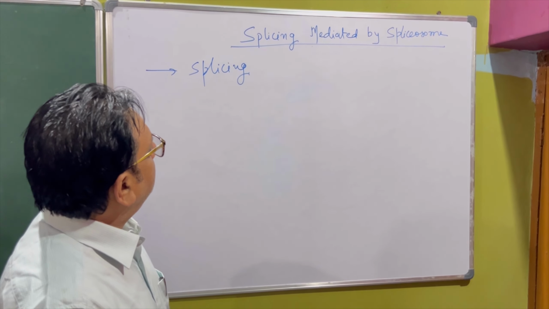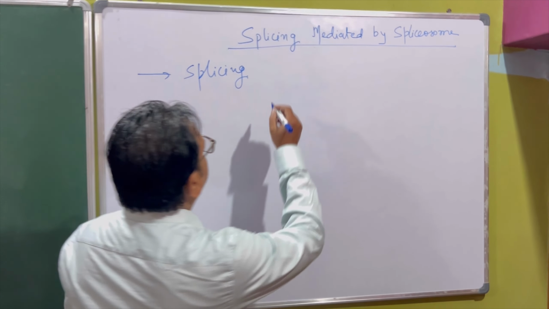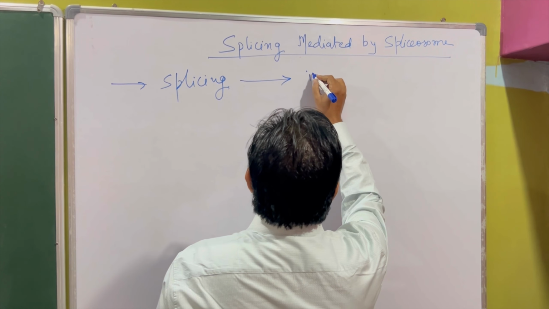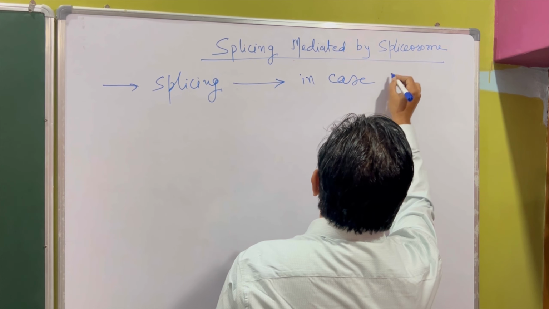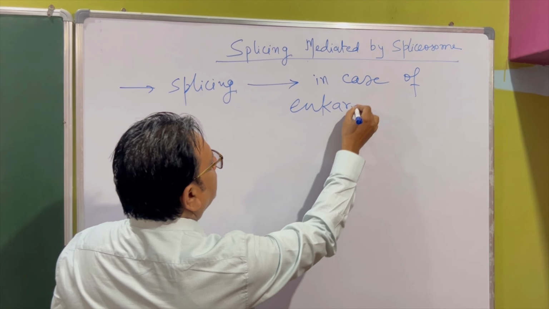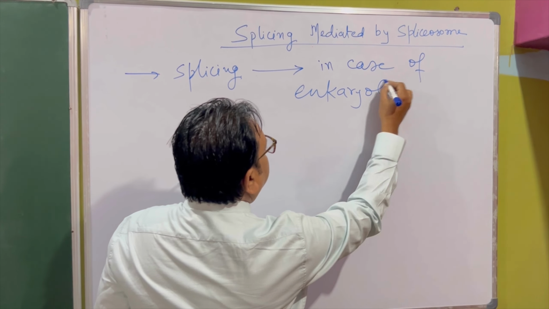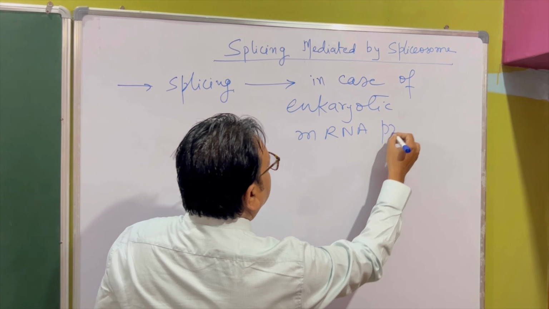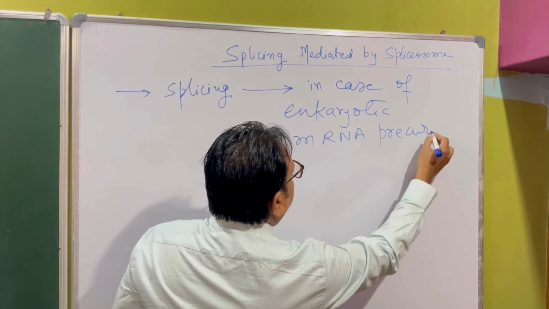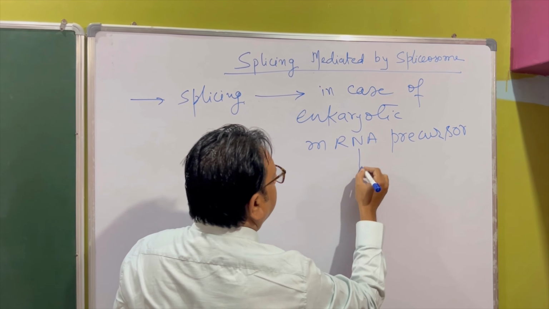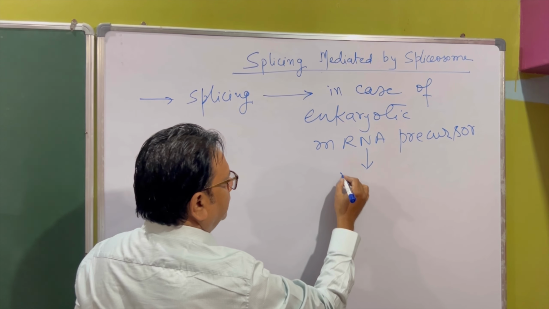So, where does splicing take place in the case of eukaryotic mRNA precursor? It takes place in the nucleus.